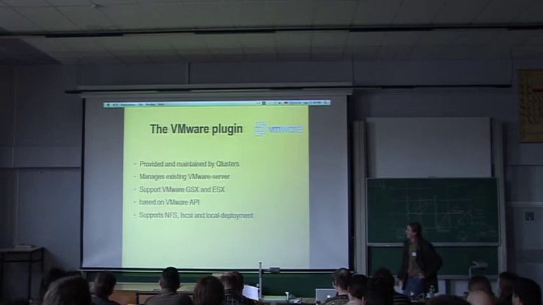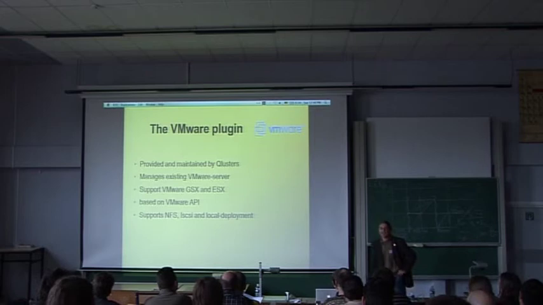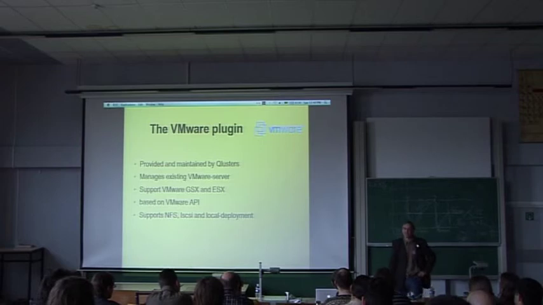Why not? We want to support VMware Server, which is basically the GSX, and we also want to support ESX. And making ESX net boot is not supported by VMware itself, as far as I know.